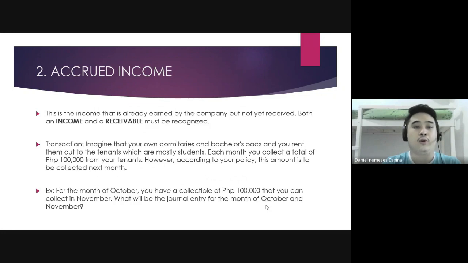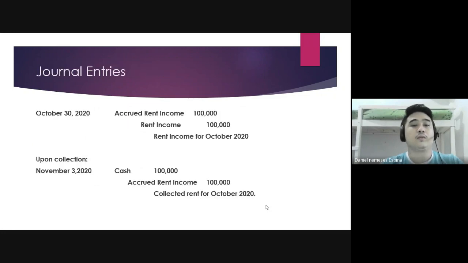So let's have October first. As I said, accrued income looks like an accounts receivable. It has similar features with the accounts receivable. It's an asset. Therefore, we debit accrued rent income 100,000, and then we credit the rent income. We need to recognize an income for that month because even though you are not yet receiving the cash, according to the matching principle, 'di ba?